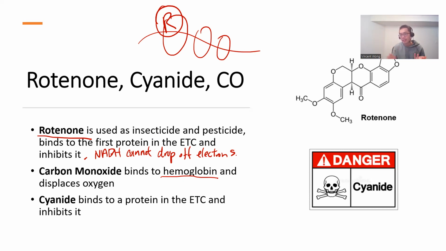Okay, and instead of delivering oxygen, it's just stuck to carbon monoxide. And we all know without oxygen, without the final electron acceptor, there is nothing that would pull the electron off the ETC, right? And then the electrons are going to get stuck. The flow of electron has been disrupted. You are not generating the H plus concentration difference. You're not making ATP. That's why carbon monoxide poisoning is deadly.